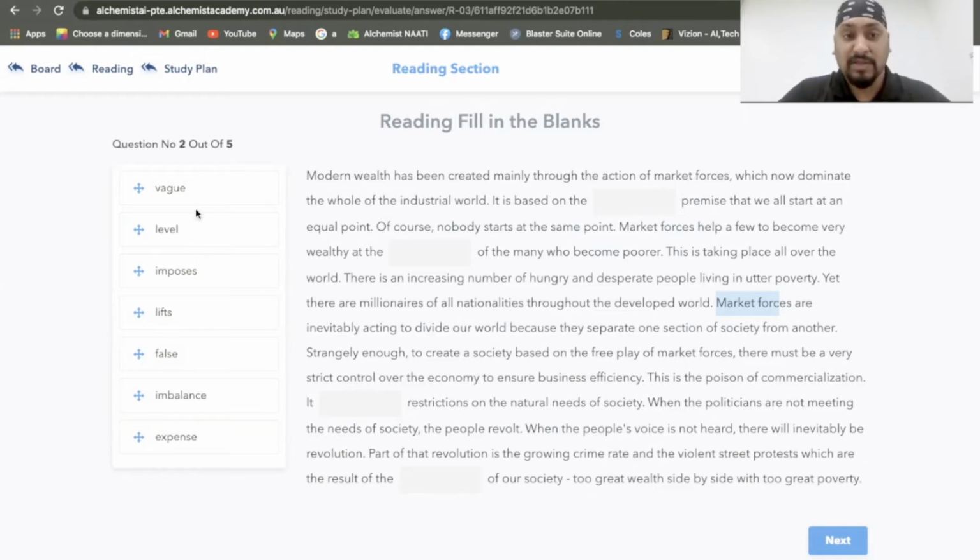So vague, it's an adjective. Level is a noun. Imposes can be a noun plus verb. Lifts is a verb. False is an adjective. Imbalance is an adjective. It can also be a noun, depends how you use it. Expense can be both adjective and it can be a noun. Okay, I would say more of a noun, expenses, because you can convert it to a plural form.